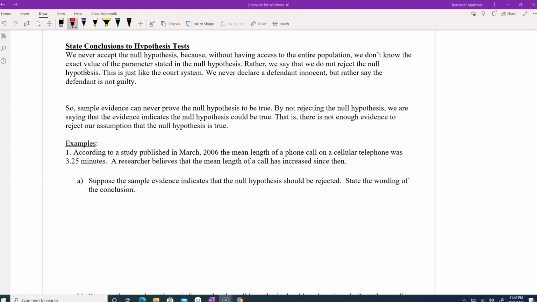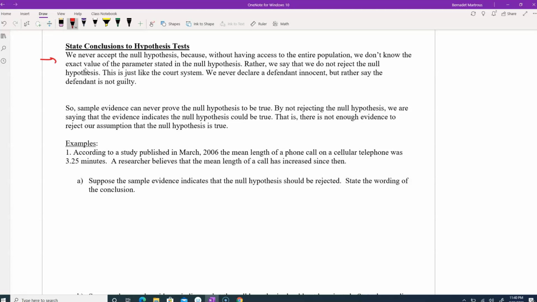State conclusion to hypothesis test. If you have noticed, on the previous part we didn't use accept null hypothesis. Instead, we use reject, do not reject. That is because without having access to the entire population, we do not know the exact value of the parameter stated in null hypothesis.